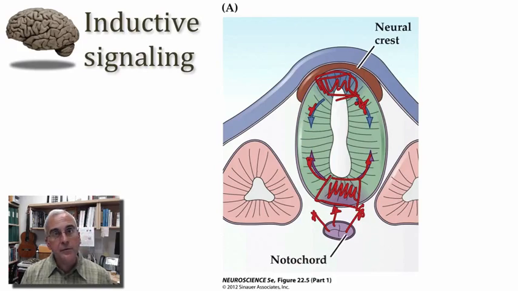So dorsal and ventral become really key regions within the developing neural tube that have an influence on the ultimate fate of the cells that are developing in those regions.